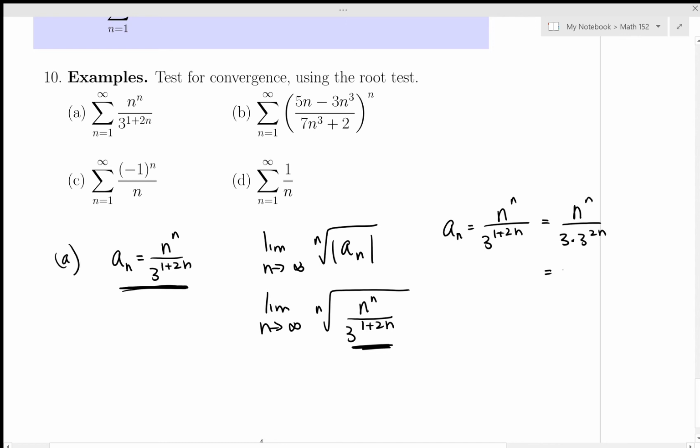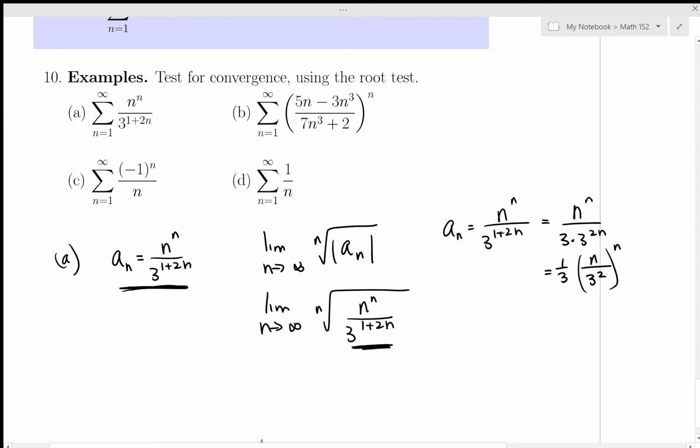Then I'm going to write that as 1/3 times n over 3 squared, all to the n. Okay, because that's n to the n over 3 to the 2n. Maybe I don't have to simplify that too much more, because I can take the nth root of that.